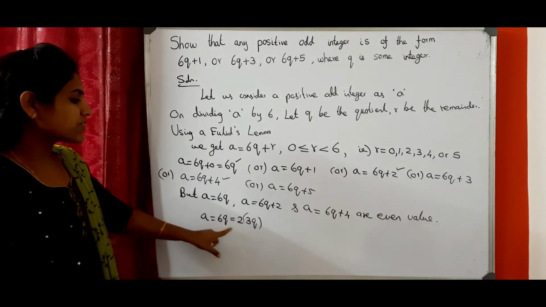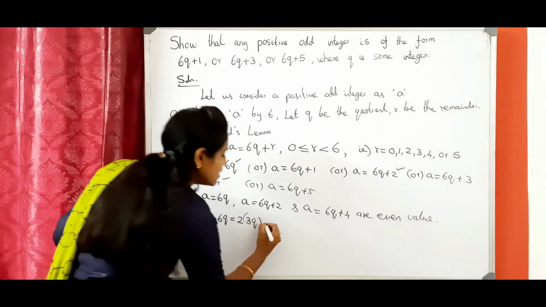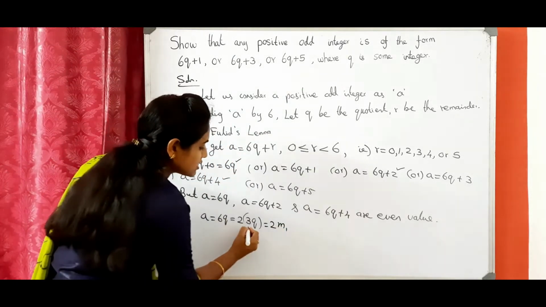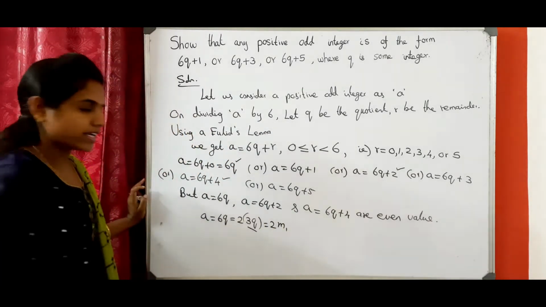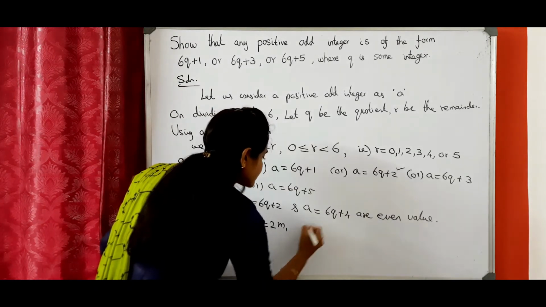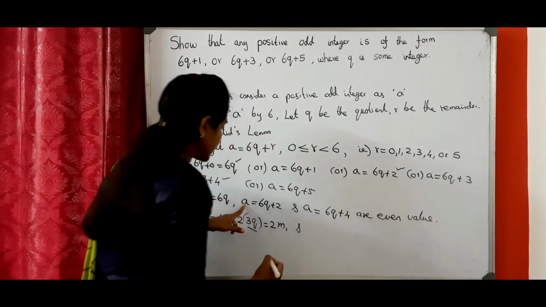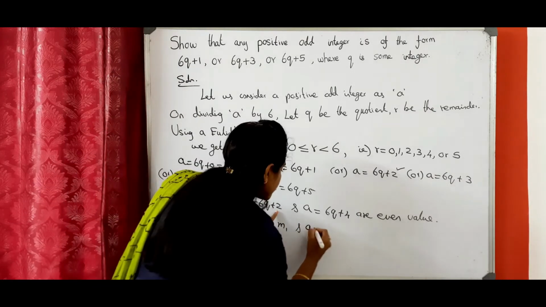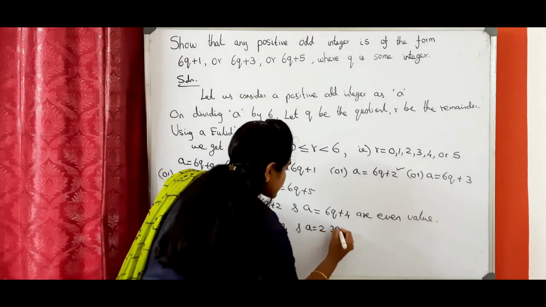So 6q we can write as 2 into 3q, taking 3q as some integer m1. Similarly we can write a equal to 6q plus 2. Here I am taking 2 outside. So a equal to 2 into 3q plus 1.